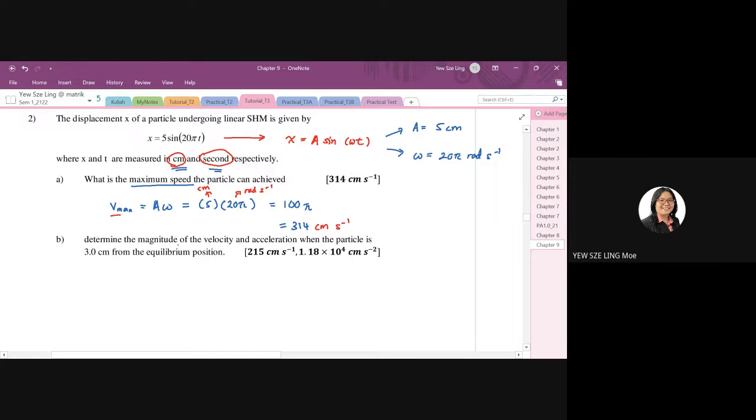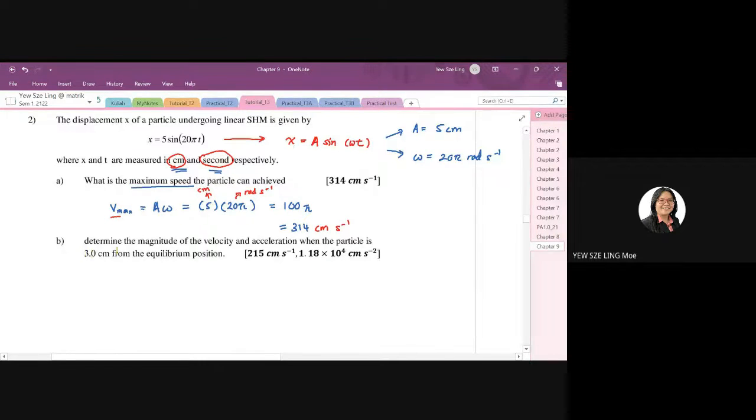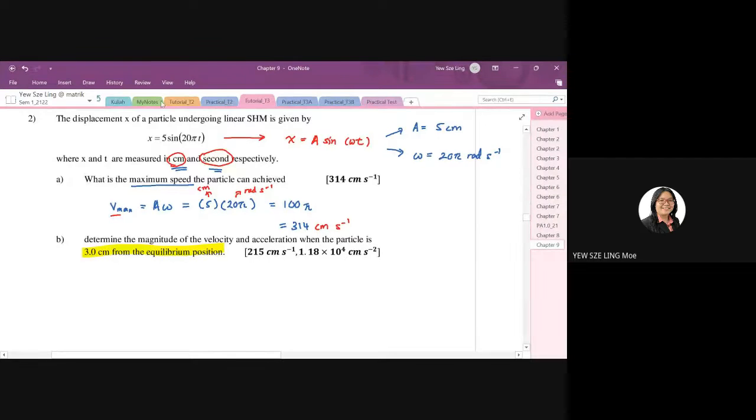Question B: Determine the magnitudes of velocity and acceleration when the particle is at 3 cm from its equilibrium position. This statement tells you that your x, the displacement, is equal to 3 cm.